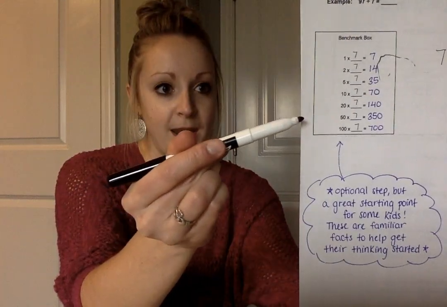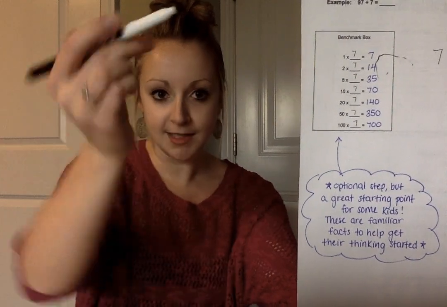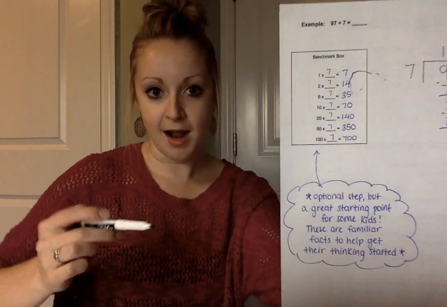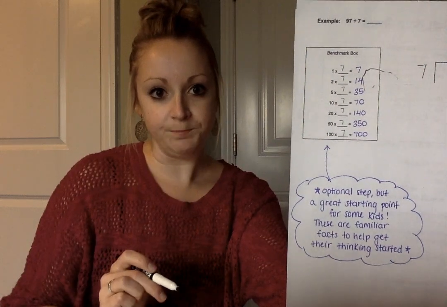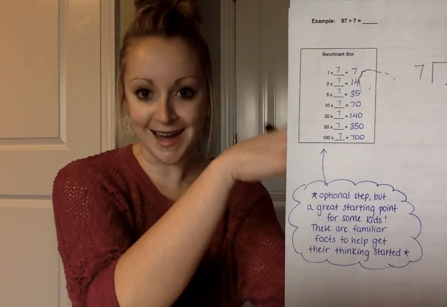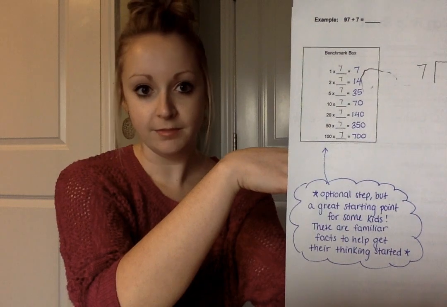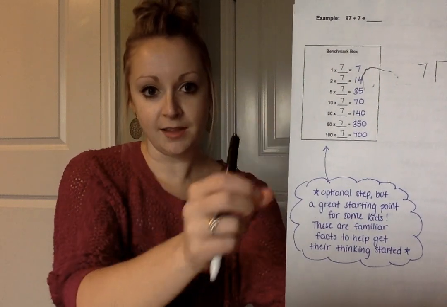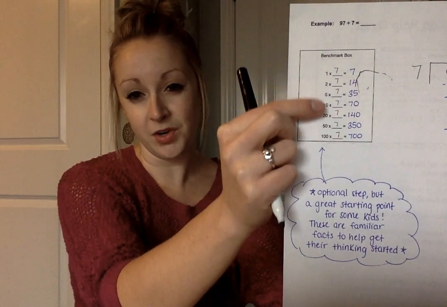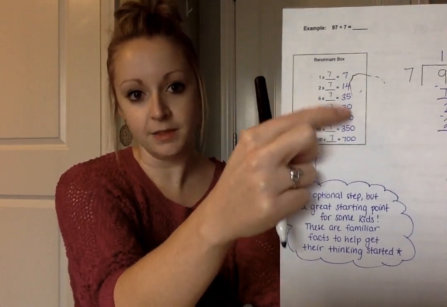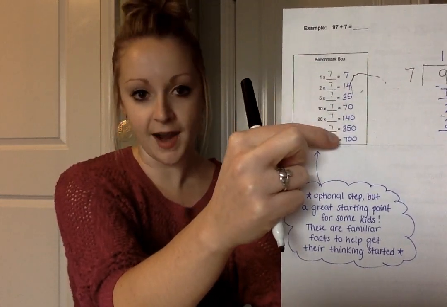You're going to see on the paper something called a benchmark box. I'm not going to draw that out for you today, but this is the benchmark box. The problem we're solving is 97 divided by 7. What I encourage students to think about are all of these familiar, friendly facts of 7, of whatever number they're dividing by.